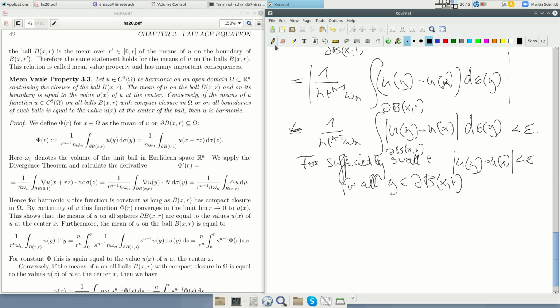So the limit as r goes to 0 of phi of r is u of x.